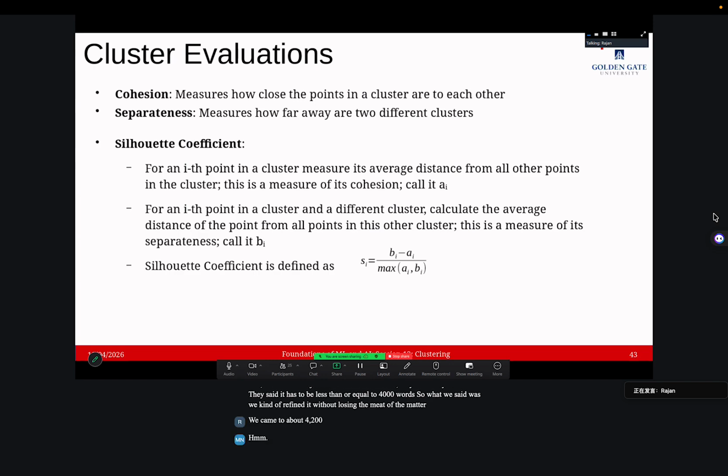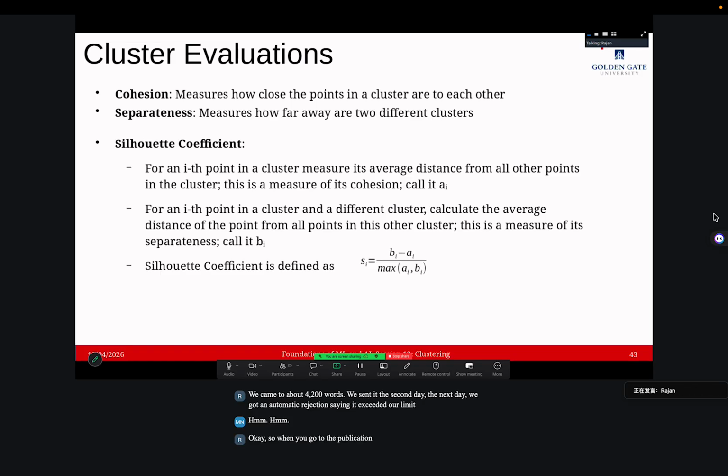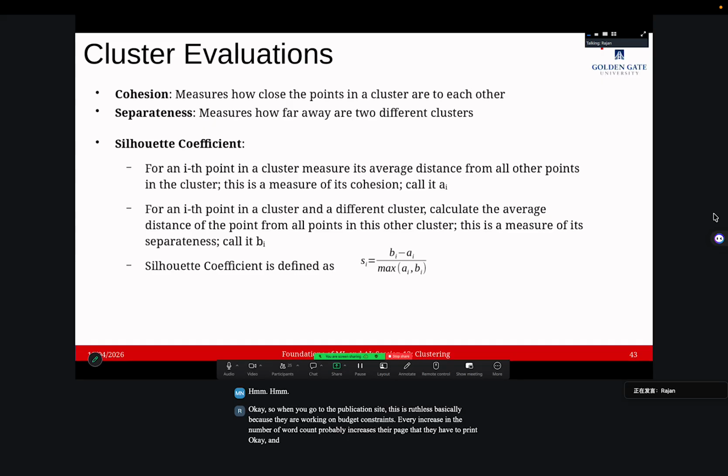We sent it, and the next day we got an automatic rejection saying it exceeded their limit. When you go to the publication site, this is ruthless, basically because they are working on budget constraints. Every increase in word count probably increases the pages they have to print, and that adds to the cost.